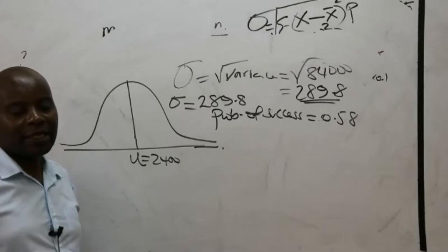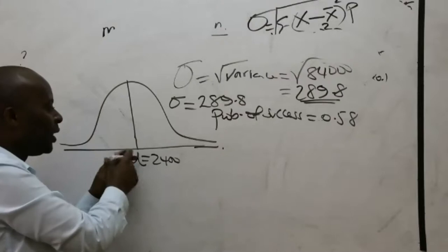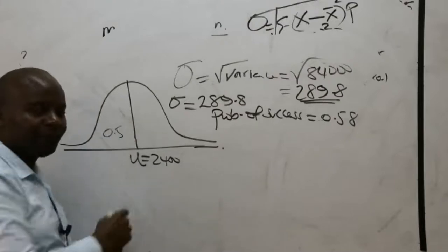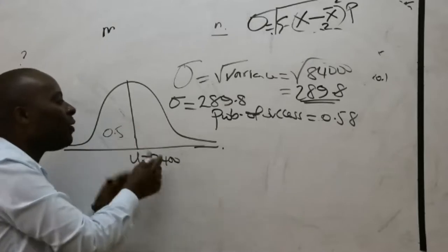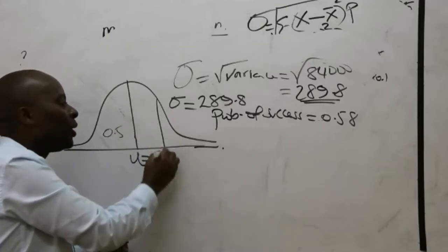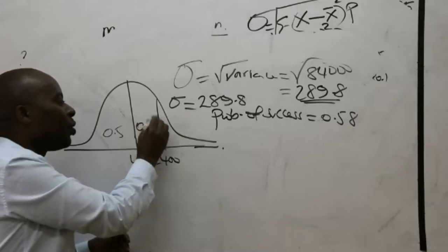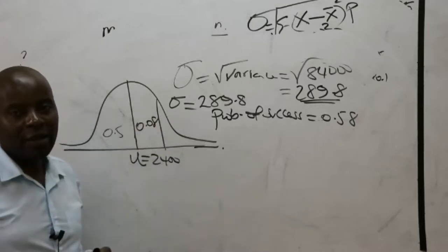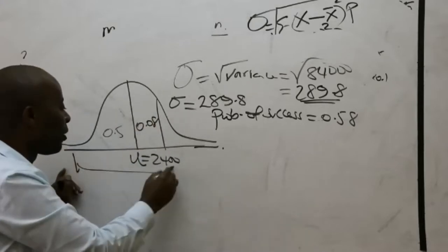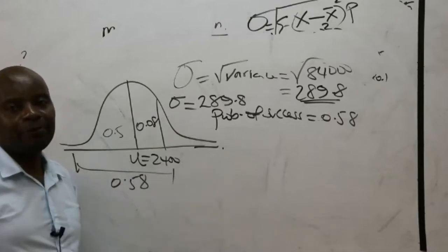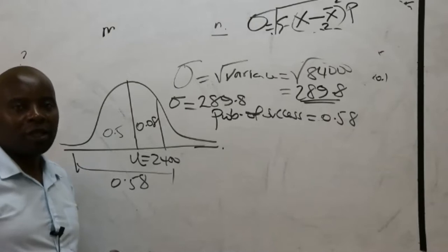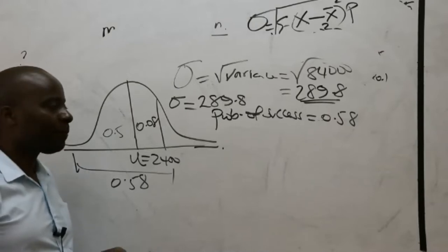Remember, half of this is 0.5, and I want to build it up to 0.58, meaning that there is a small section here which will take care of 0.08, for us to get the total being 0.58.